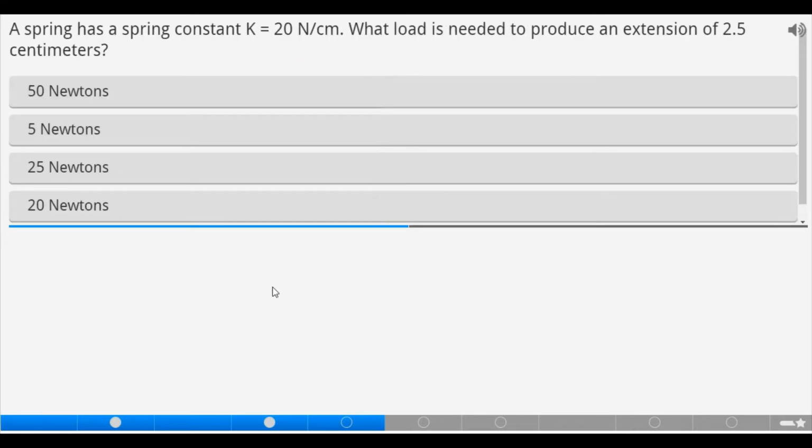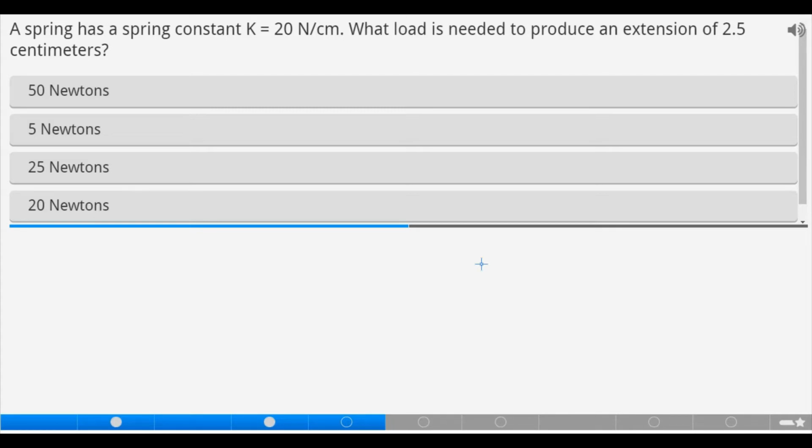Now, let's solve these questions. A spring has a spring constant K equal to 20 newtons per centimeter. What load is needed to produce an extension of 2.5 centimeters?